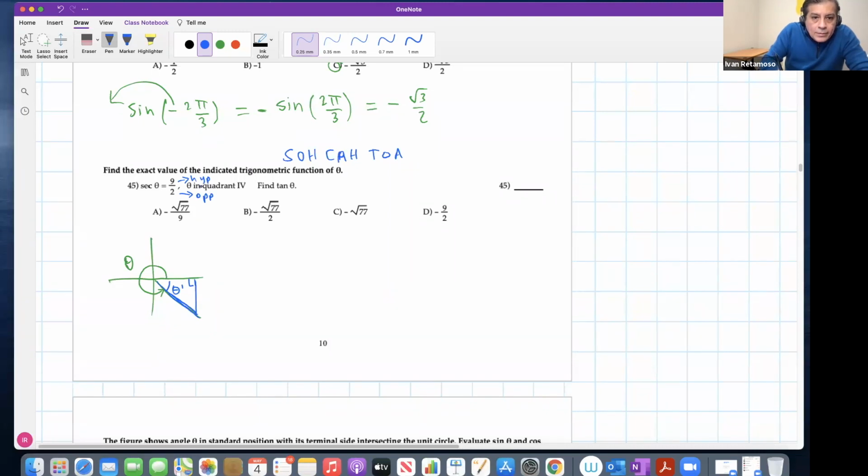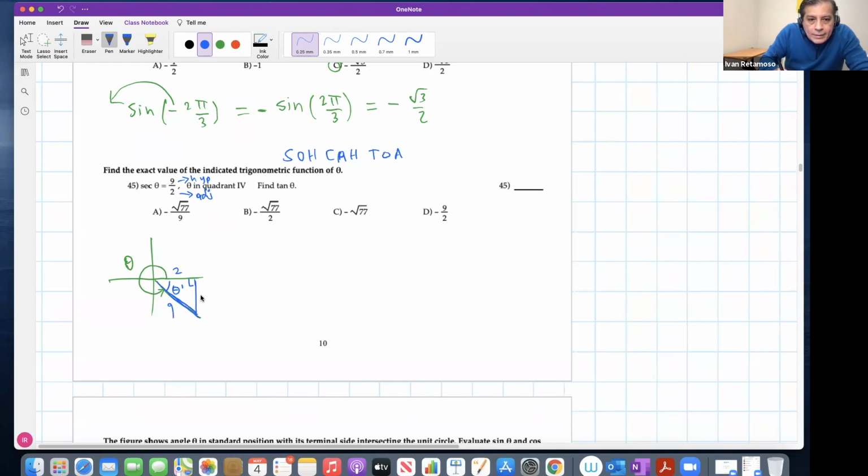Adjacent over hypotenuse, right? So this will be hypotenuse over adjacent, right? Yeah, let's fix this. All right, yeah, be careful there. We're dealing with secant, the reciprocal of cosine, hypotenuse over adjacent. So this should be my adjacent 2, and my hypotenuse should be 9, right?